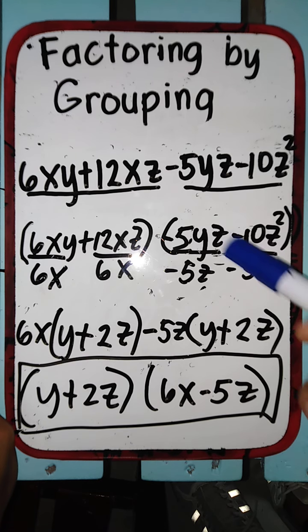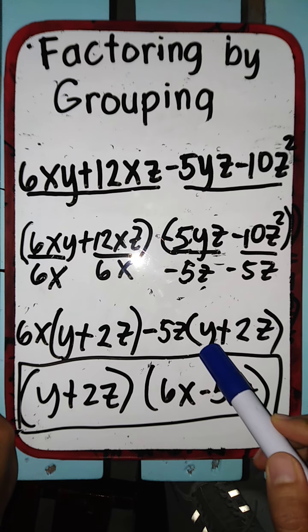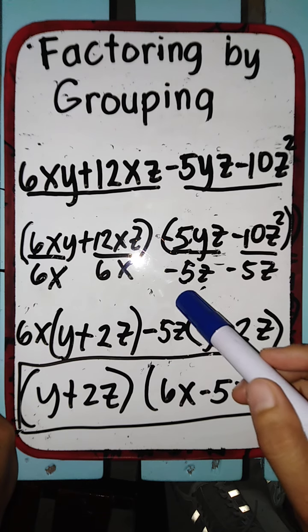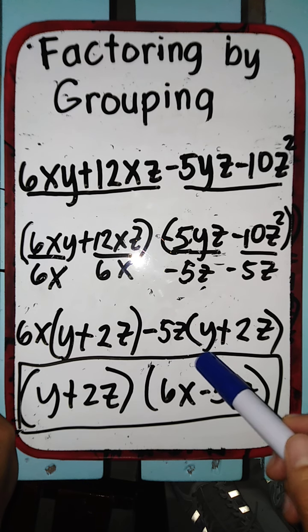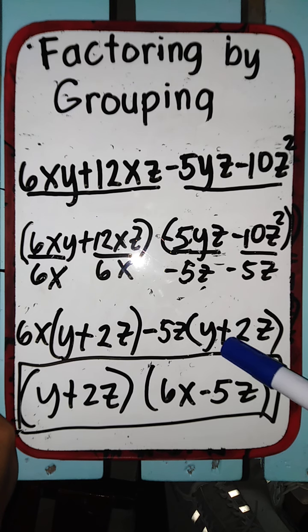Then divide: negative 5yz divided by negative 5z is positive y, since negative divided by negative is positive. Then negative 10z squared divided by negative 5z is positive 2z.